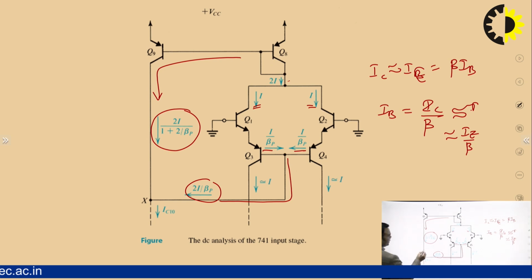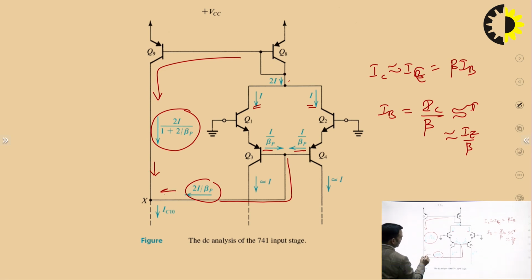So these two currents are the incoming currents and this current is the outgoing current. So by Kirchhoff's current law, KCL, you can simply write 2I upon beta plus 2I upon 1 plus 2 upon beta is equal to IC10.